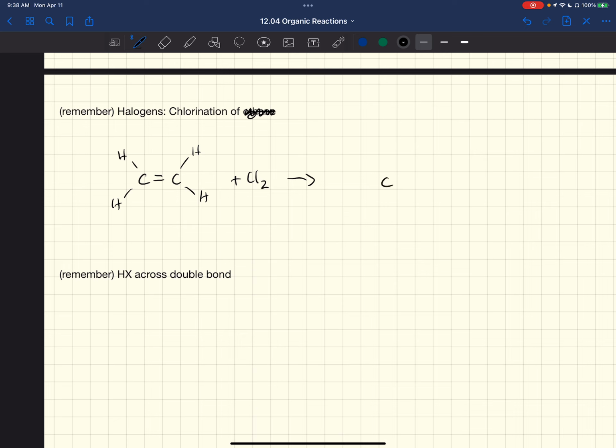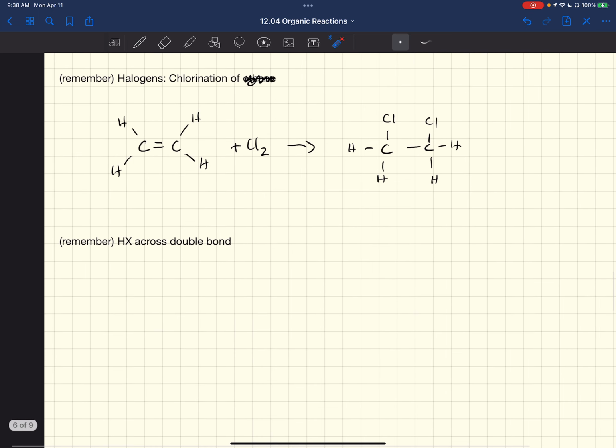So that's going to make, okay. If we shine light on it, that's going to be elimination. If we're just adding Cl2 to something that has a double or triple bond, you can add both chlorines in.